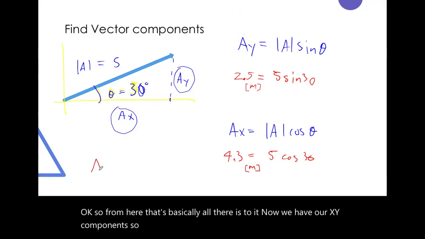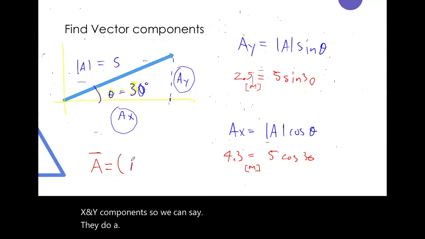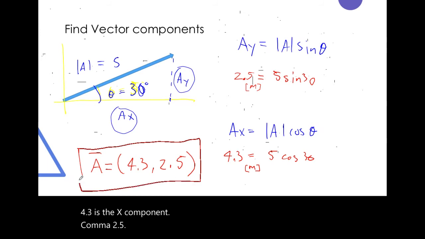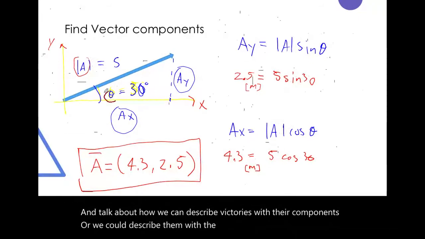So we can say vector A is 4.3, because that's the x component, comma 2.5. Okay, so far so good, right? So far, we've talked about vectors, and we've talked about how we can describe vectors with their components, or we can describe them with the magnitude and the angle.